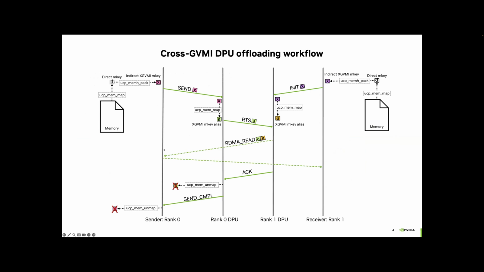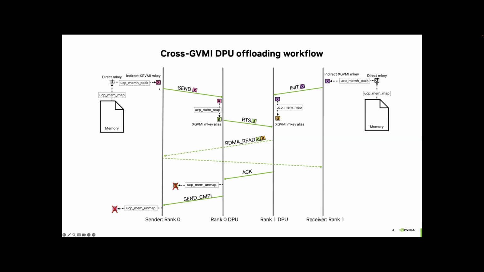Now let me show you a typical cross-GVMI offloading workflow, just to better understand the components involved and functions being used. On this diagram, we have two hosts, sender and receiver, and two corresponding DPU daemons. Each host has some user memory that we need to send between the hosts.